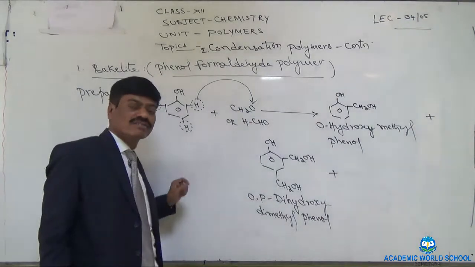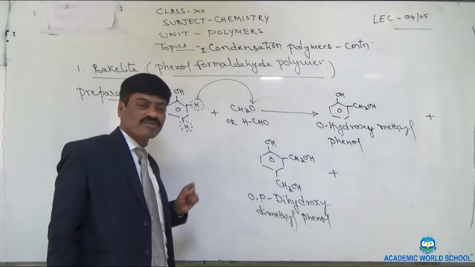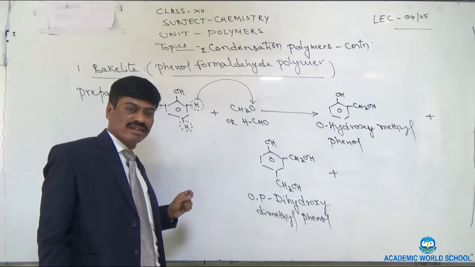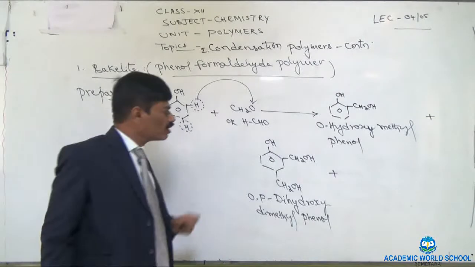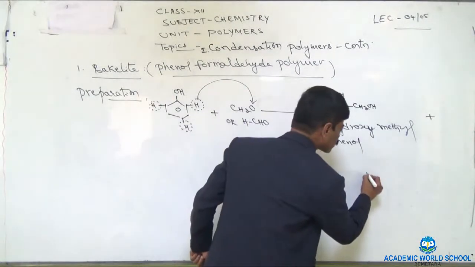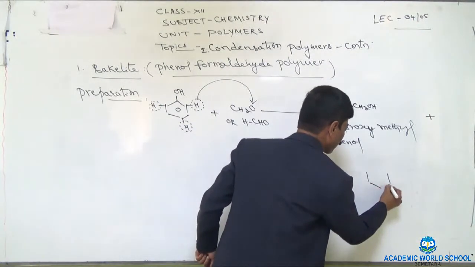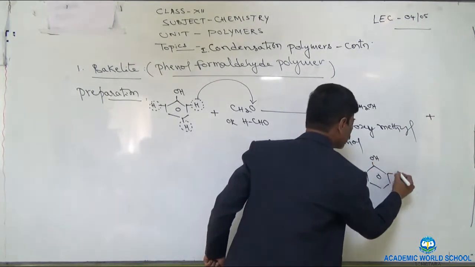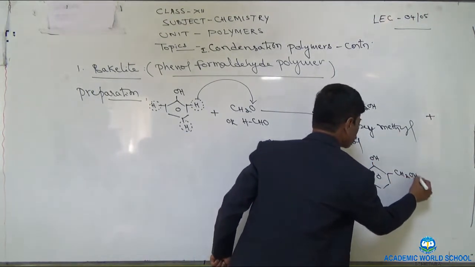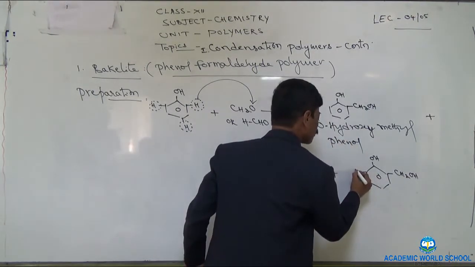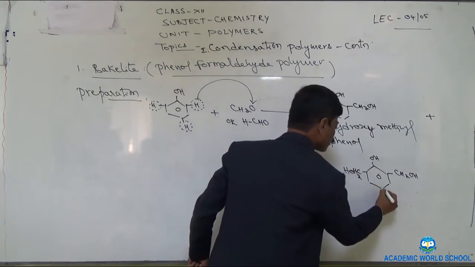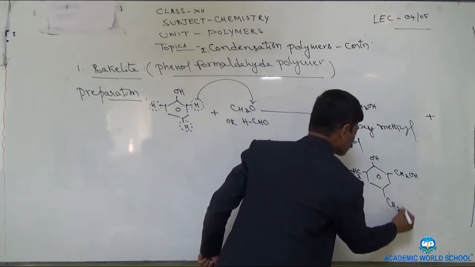As a result, we will get three CH2OH groups which are connected at ortho and para position simultaneously over benzene ring. Then entire structure looks like this. So this is phenol. At ortho position, one CH2OH group. At other ortho position, other CH2OH group. At para position, one CH2OH group.